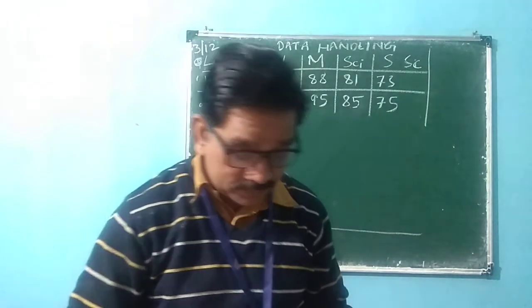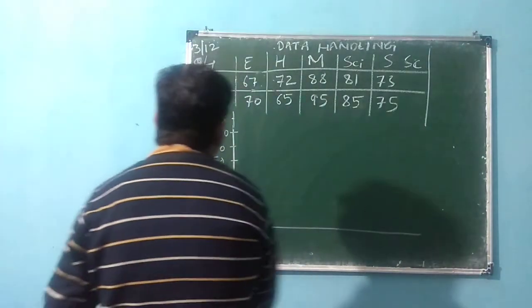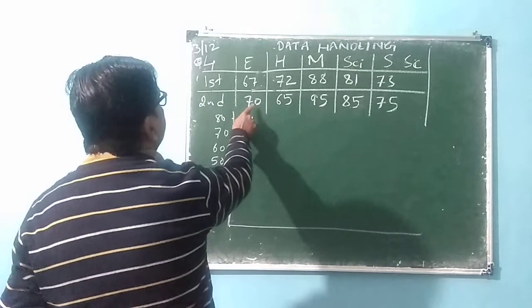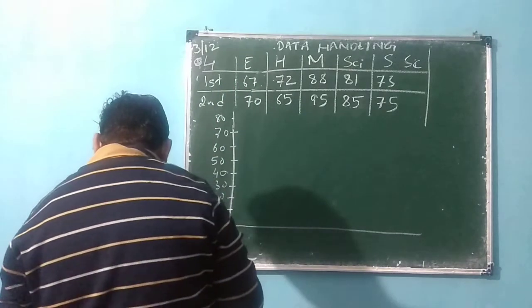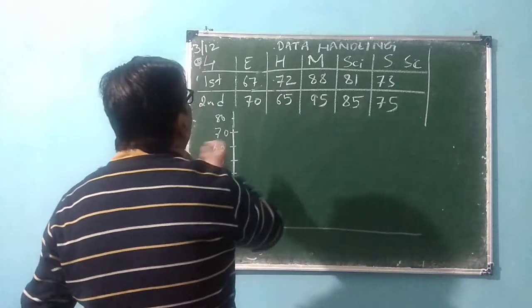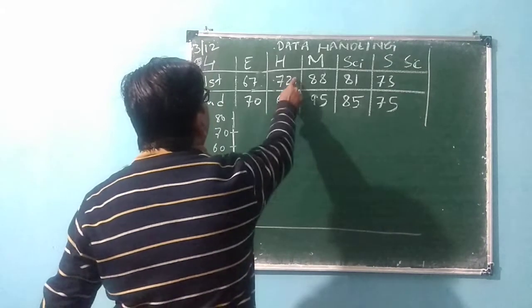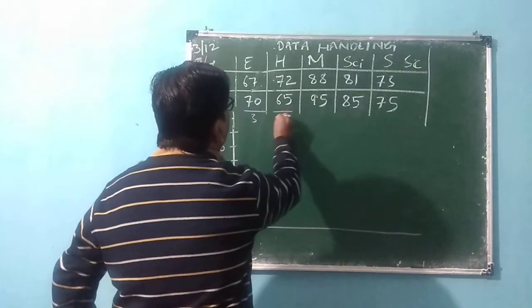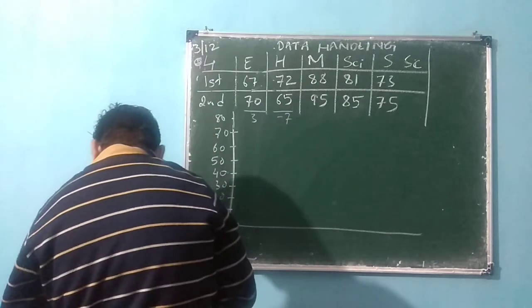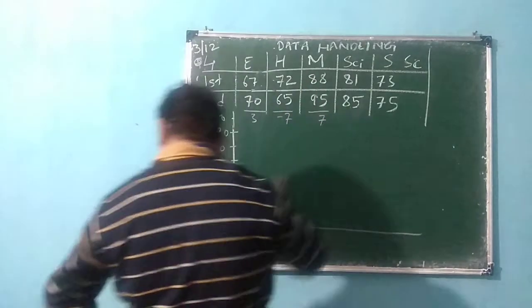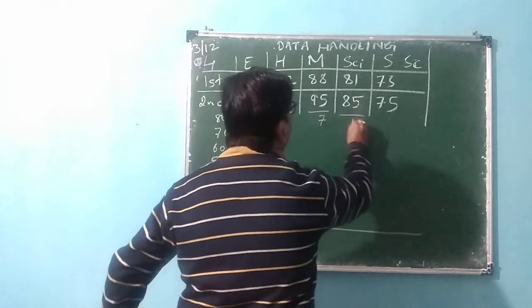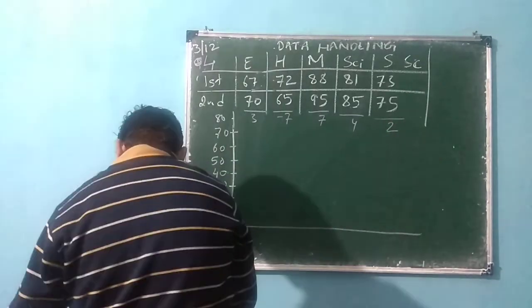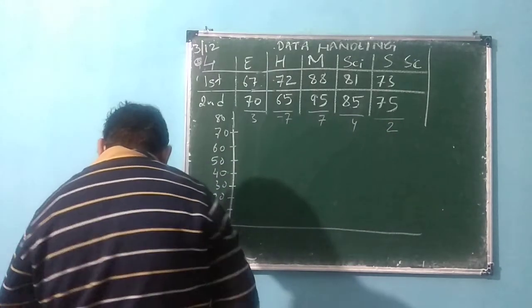So, if you subtract 70 minus 67, we will get 3. And if we subtract 65 and 72, we will get minus 7, then we will get 7, then 4, then 2.